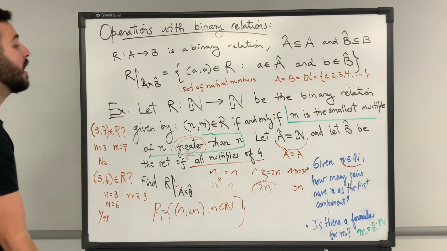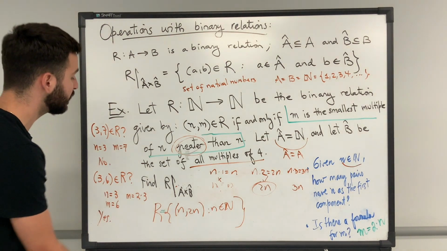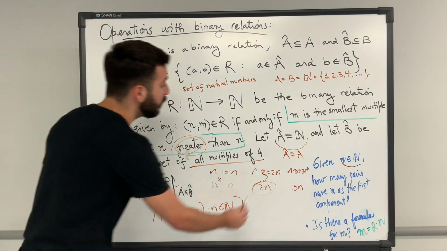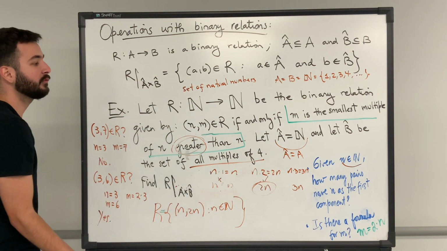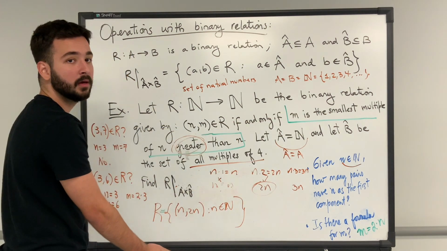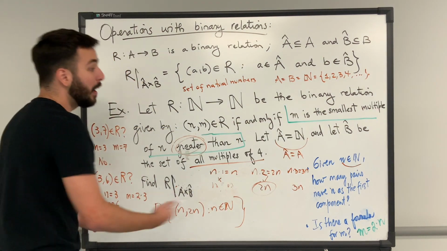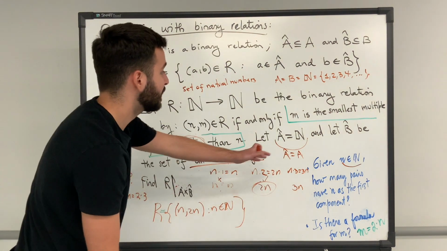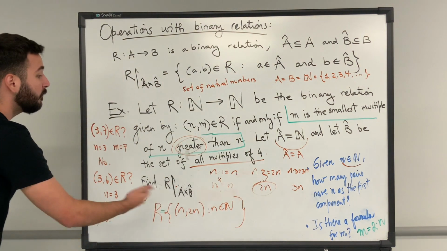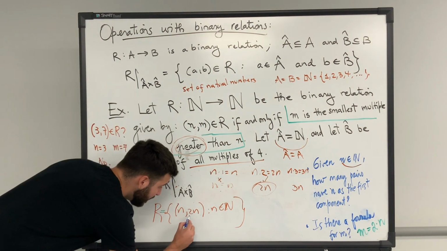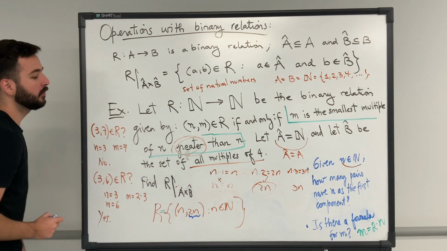Let's go now to the restriction, because this is the relation, but we're looking for the restriction. A doesn't have a restriction, so A is free. A is all the natural numbers starting at 1. But in B we do have a restriction. It says, let B be the set of all multiples of 4. So the second component has to be a multiple of 4.